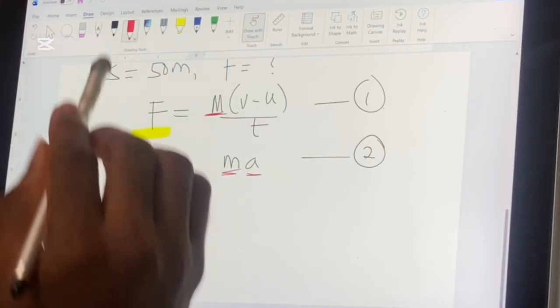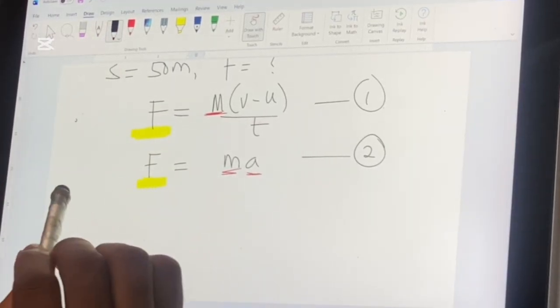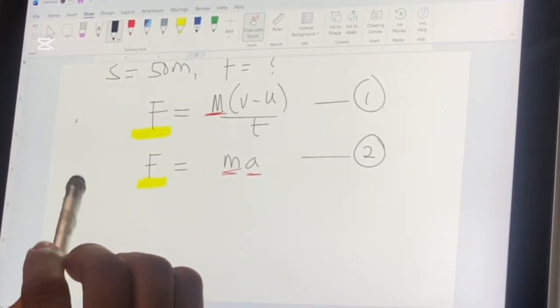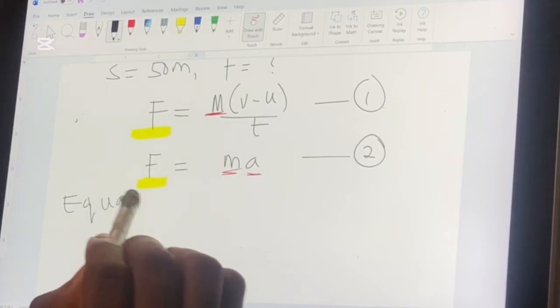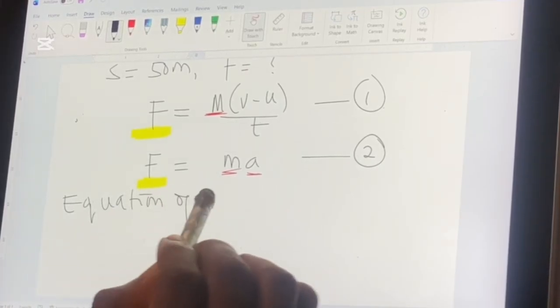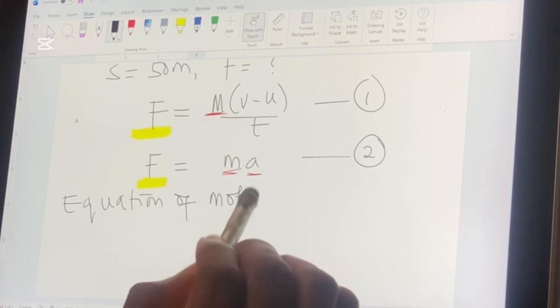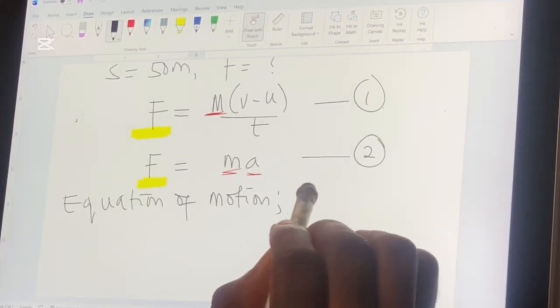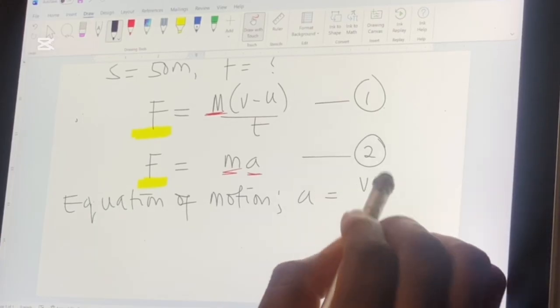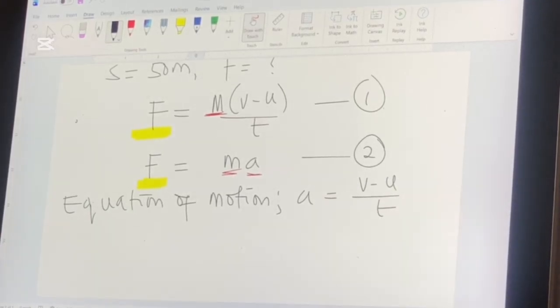The first equation of motion is this, that acceleration is equal to v minus u over t. Please take note.